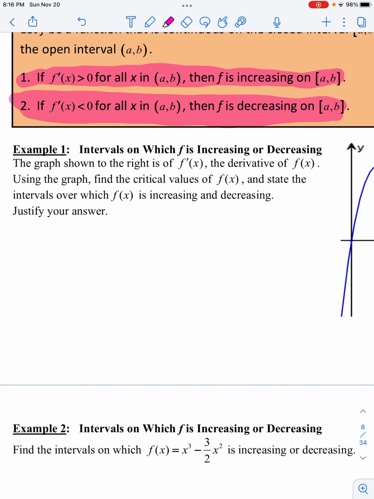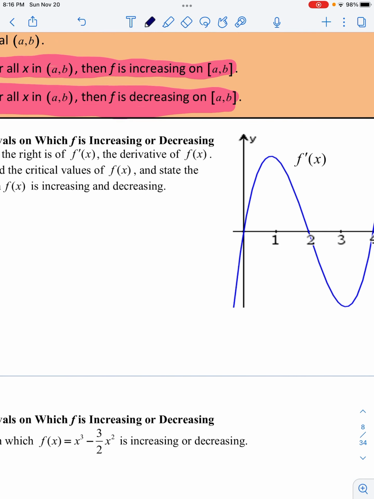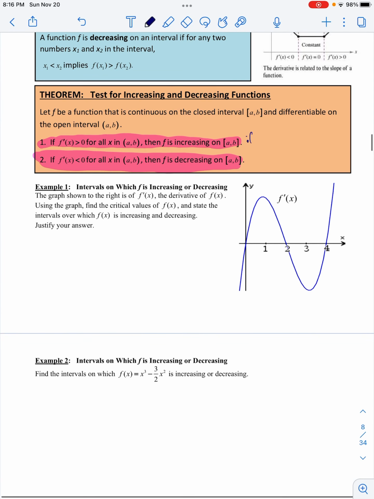This is literally just saying you take the first derivative. If f prime of x is greater than 0, then increasing. If f prime of x is less than 0, then we're decreasing.